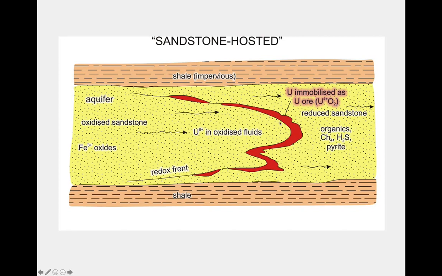As we move forward, progressively, you'll see an alteration front as we move this way. And the idea about a roll front is potentially it migrates this way as the oxidized material oxidizes this sandstone and progressively hits a point where it can't contain uranium anymore.